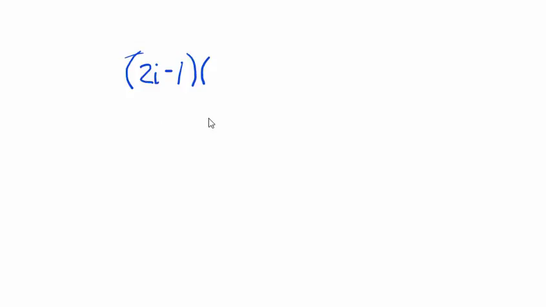All right, and we'll say 3i plus, we'll do 7. So I just made this up. All right, so if you remember how to multiply a binomial times a binomial, basically every single term here, so these two terms, multiply by both terms in the second parentheses.